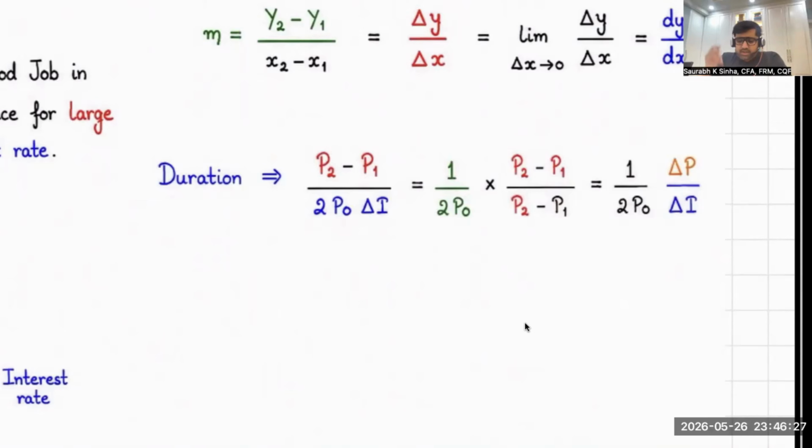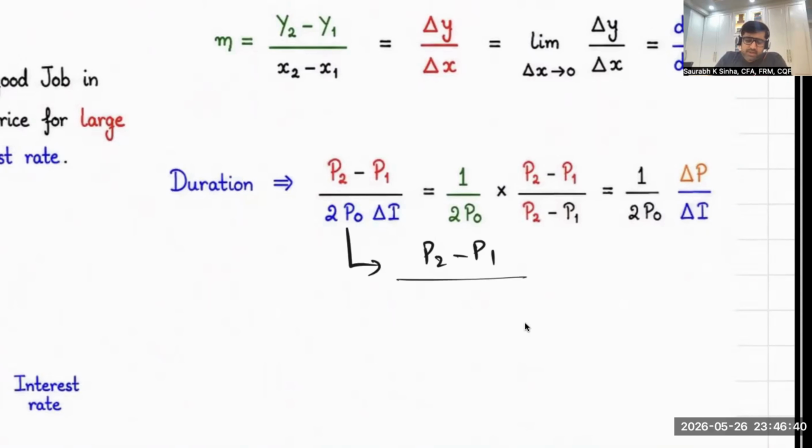So what I'm saying is, take P2 minus P1 upon delta I, and take 1 upon 2P naught as a separate value. Let's look into P2 minus P1 upon delta I.